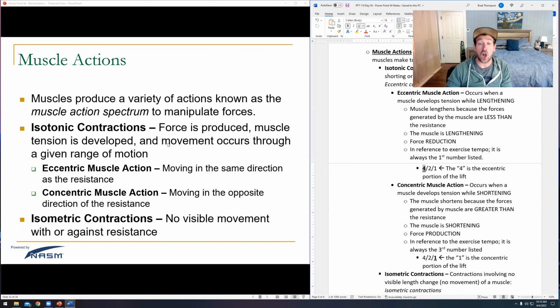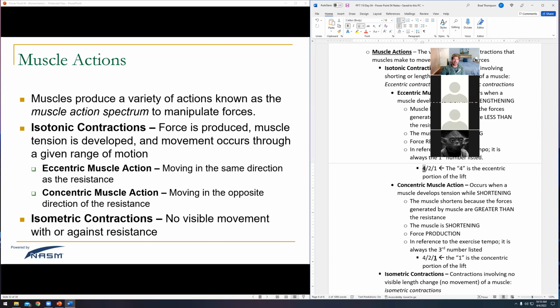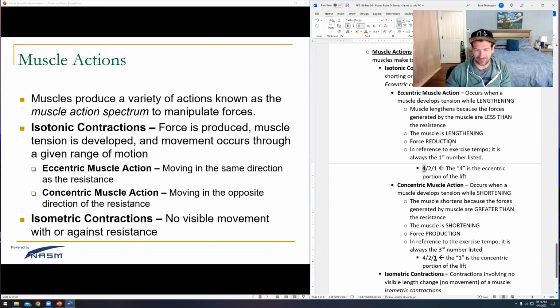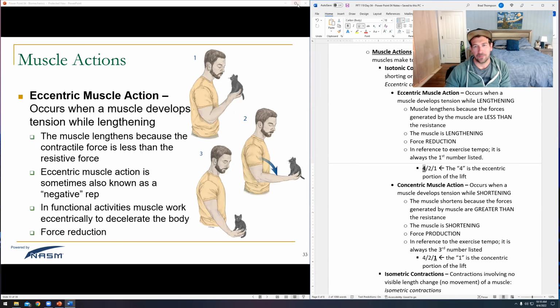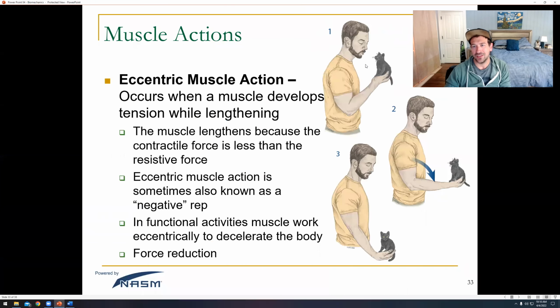So, oh, I forgot. We are about to get to my 3 favorite slides in all of Sochi. Oh, I forgot about this. So eccentric actions, right? This guy is clearly not a cat lover. He is lowering the cat away, right? So his bicep muscle is generating less force than however much this cat weighs.